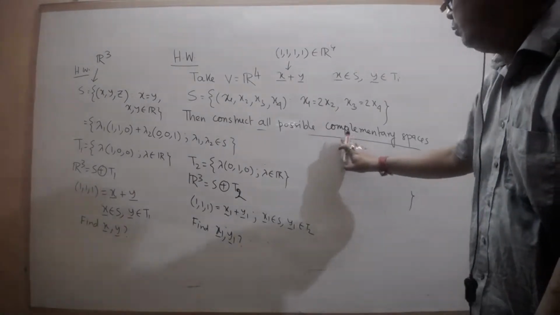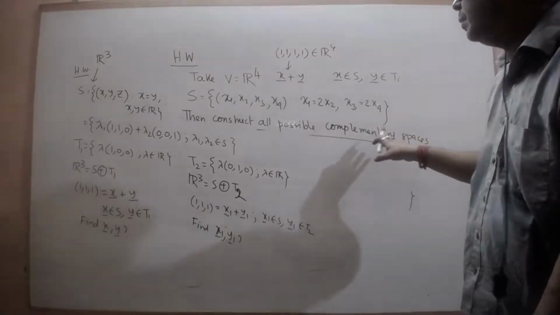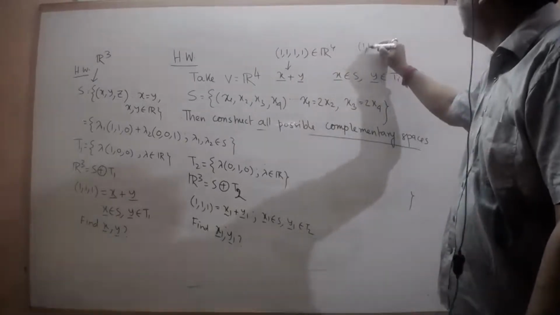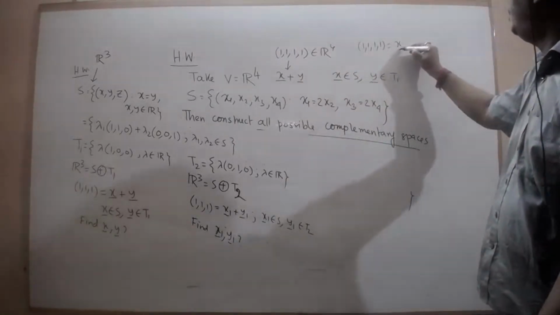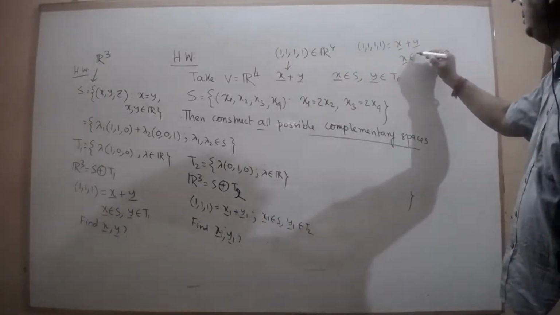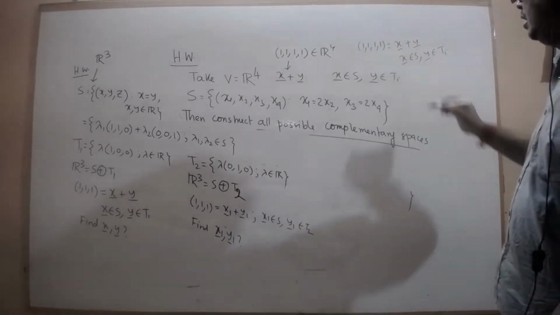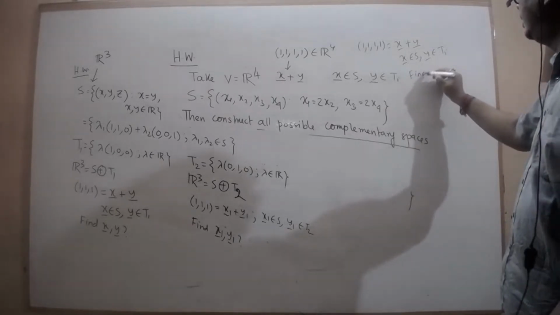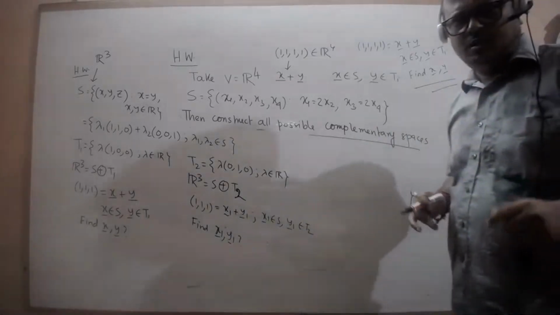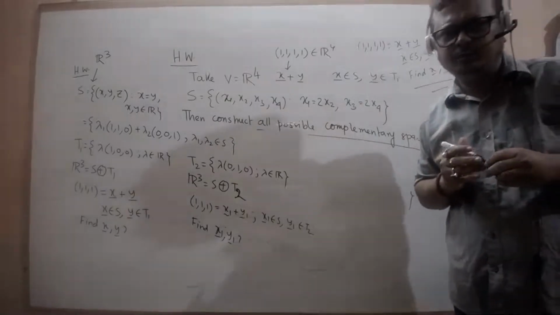So in R⁴, first you find T1, T2, T3, all the possible complementary spaces of S. Then represent this vector as the sum of two vectors x plus y, where x belonging to S, y belonging to Ti, and find x, y. So this is the problem.